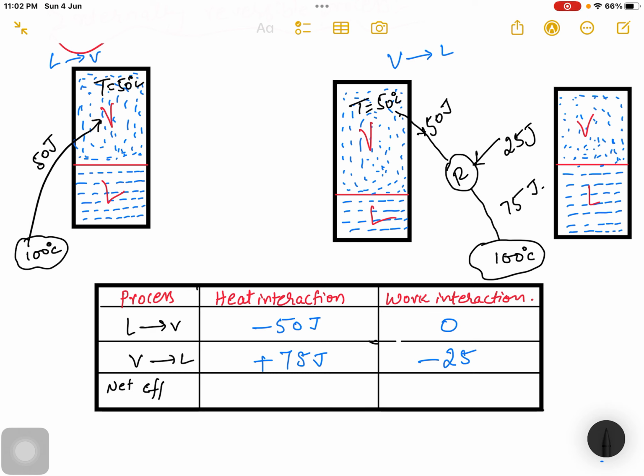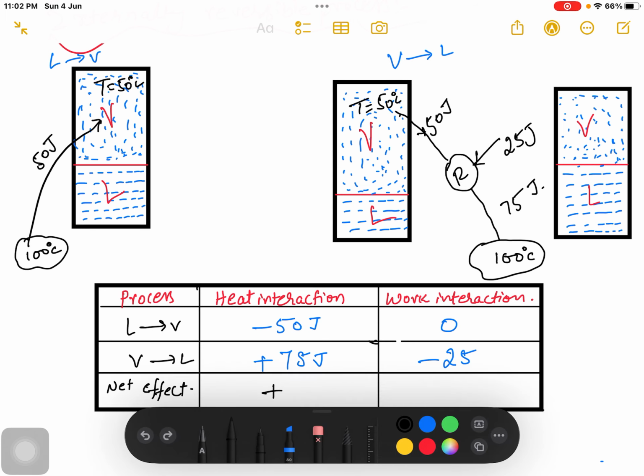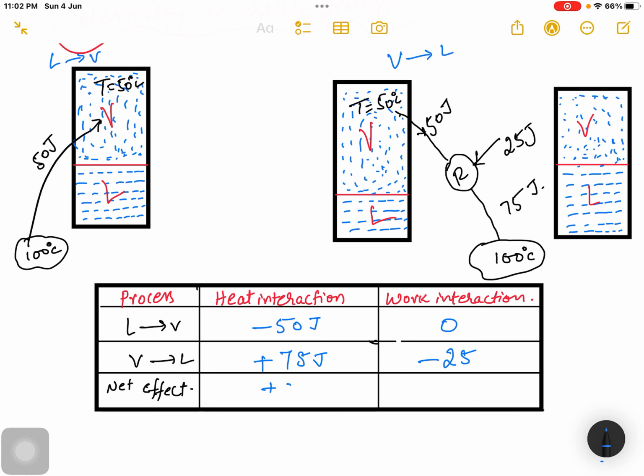Here, what is the net effect? The heat interaction is positive 25 joules, and the work interaction is minus 25 joules.